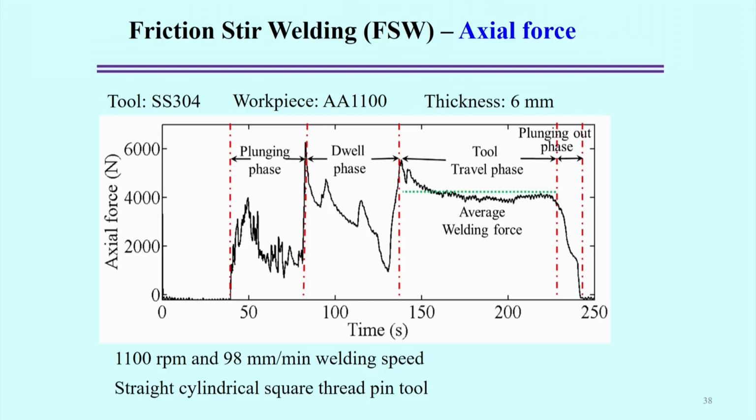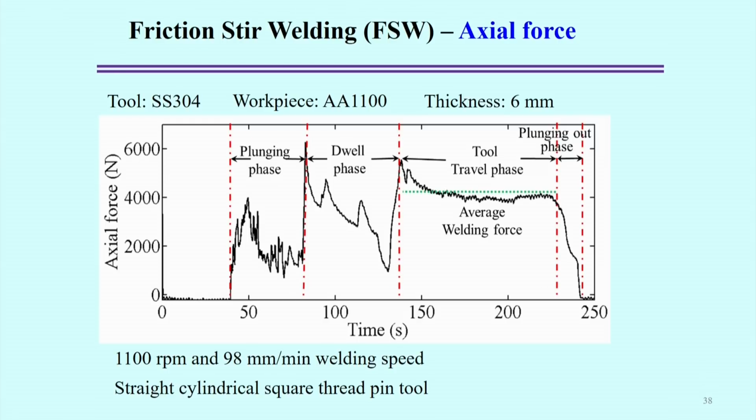Throughout the whole plunging phase, during the complete insertion of the tool into the workpiece, there is a gradual increment of the force. Next is the dwell phase. In the dwell phase, once the force reaches its maximum value at the end of the plunging phase, we keep the tool simply rotating at this desired position.